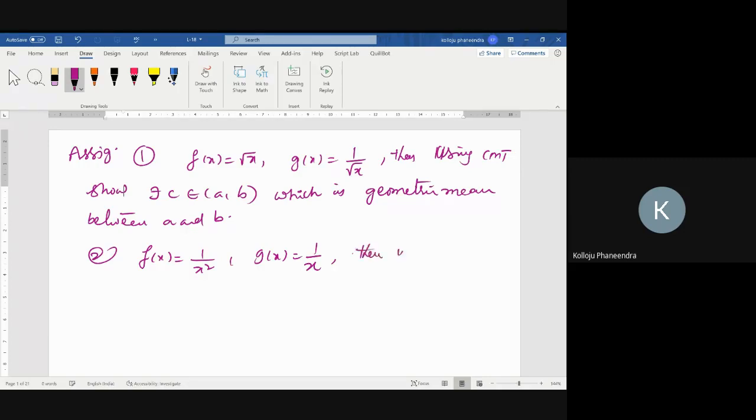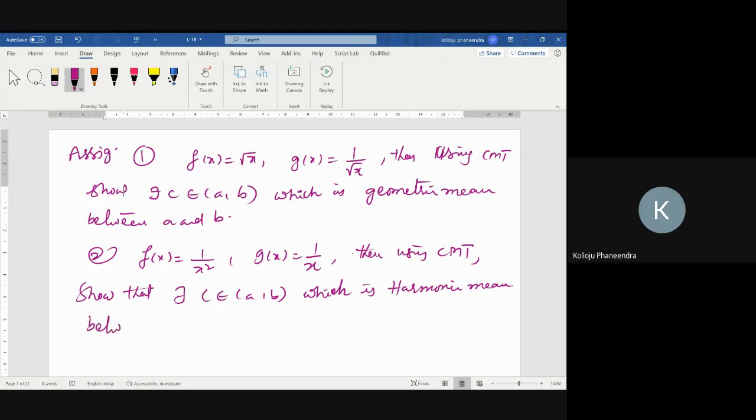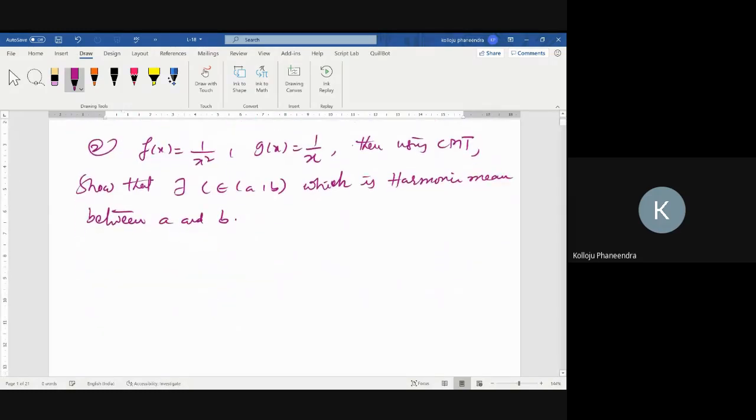Then using Cauchy mean value theorem, show that there exists c belonging to the open interval (a, b), which is the harmonic mean between a and b. These two are the problems based on Cauchy mean value theorem.